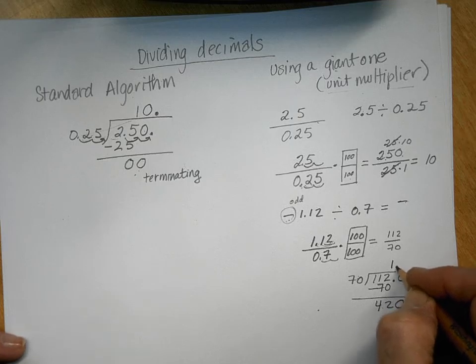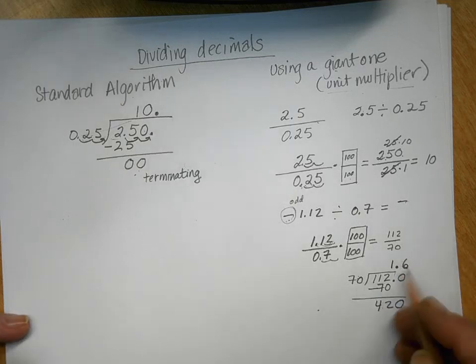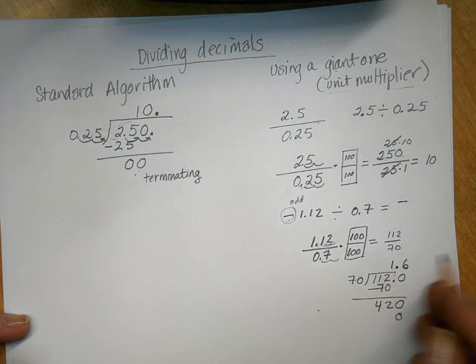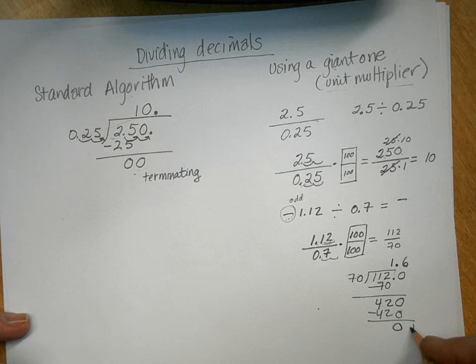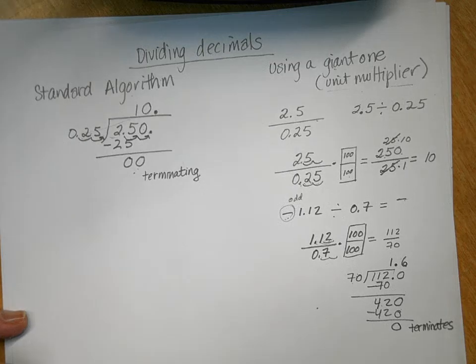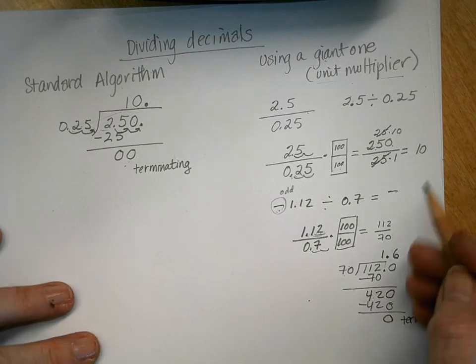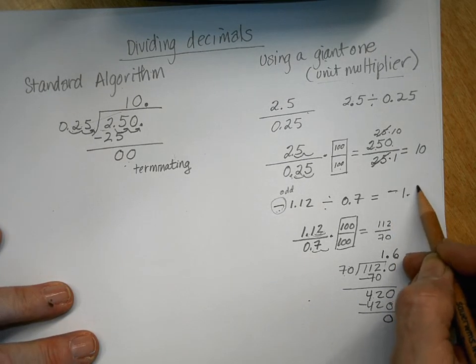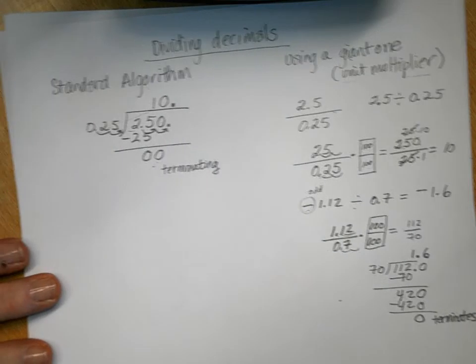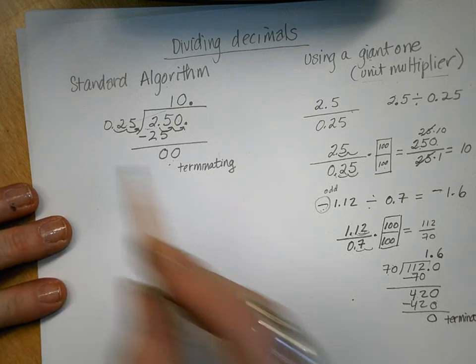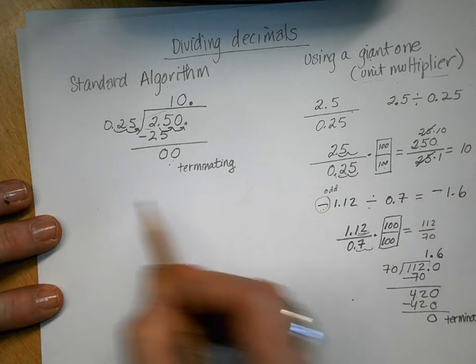So I put my decimal point right there, I keep it lined up. 6 times 0 is 0, 6 times 7 is 42. And that gives me 0, so it terminates. So my answer is negative 1.6.